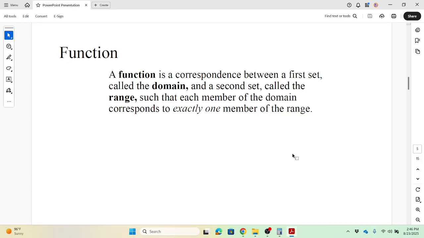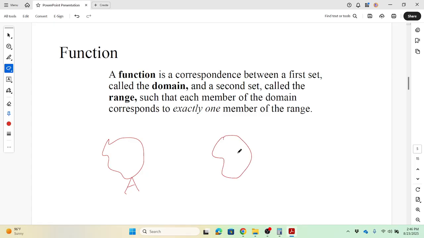So let's say there are two parties. For example, let's say you have party A, and there is a party B. Let's say party A, this set, these are the members.